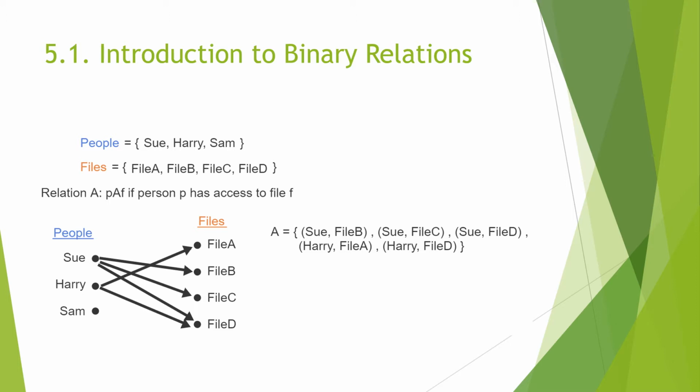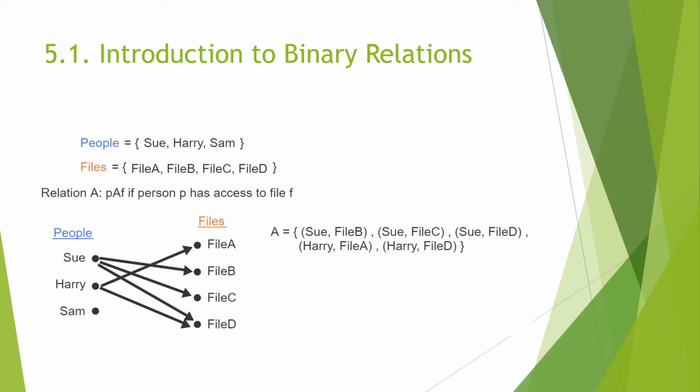For example, the file can be represented by F. So when we say PAF, it means that P is related to F by A. What is A? Relation A is defined in the following way. If person P has access to file F, so if one person has access to a file, there's a relation from that person to that file, and that relation is called A. This is how we defined relation A.